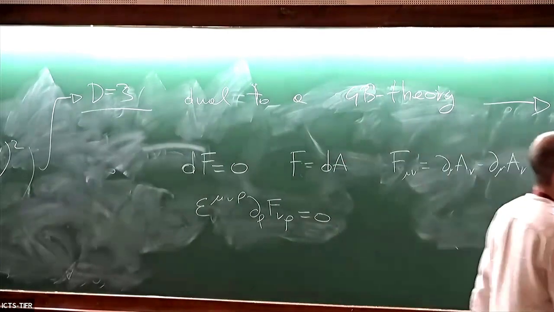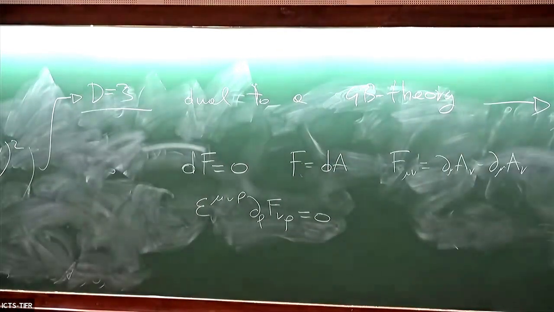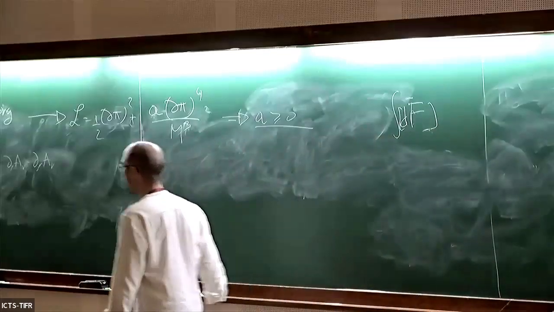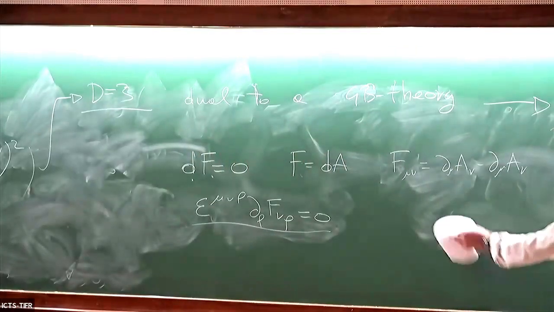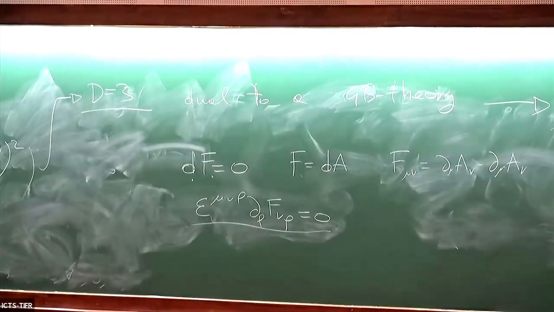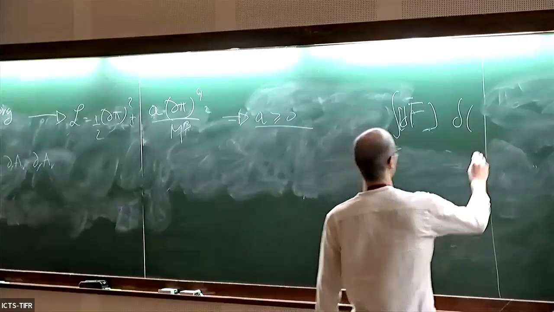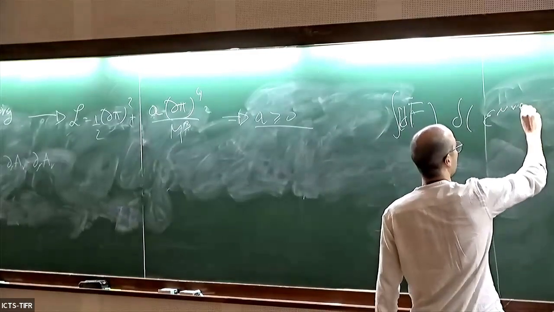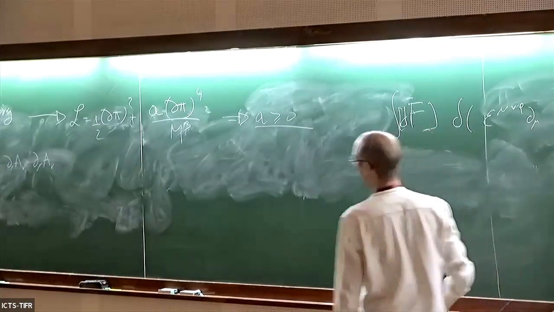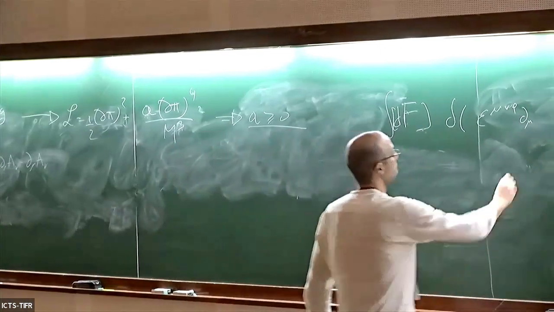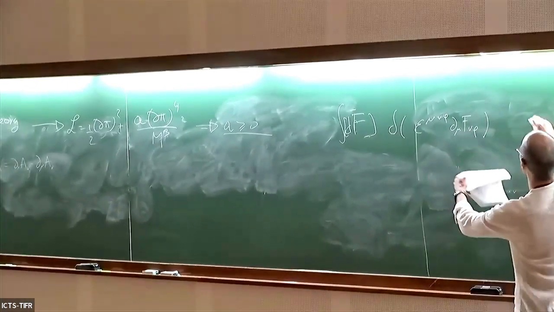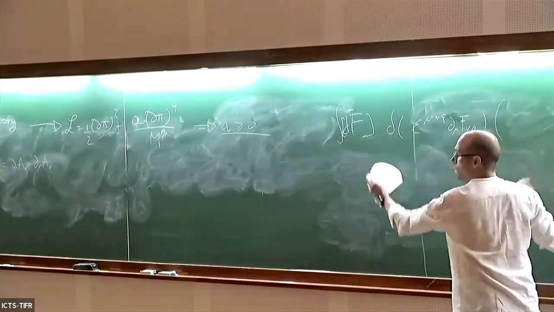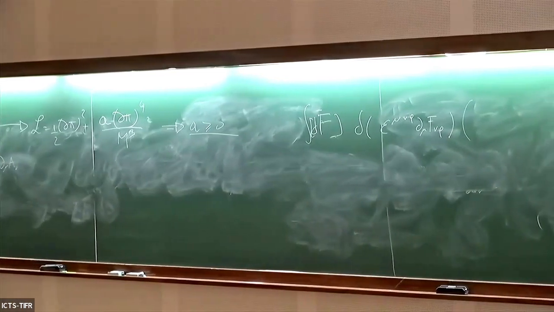So let's integrate over F rather than A, but with the constraint that it must be dA, a delta function of that condition. Whatever path integral you were doing, you can write it this way, integrating over dA. It's going to be equivalent.